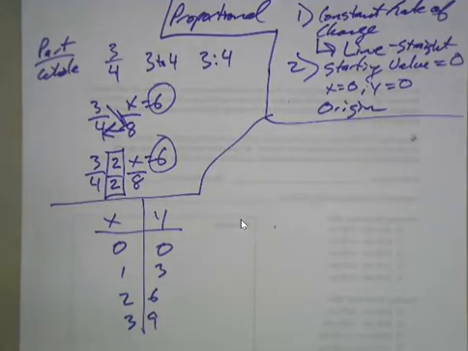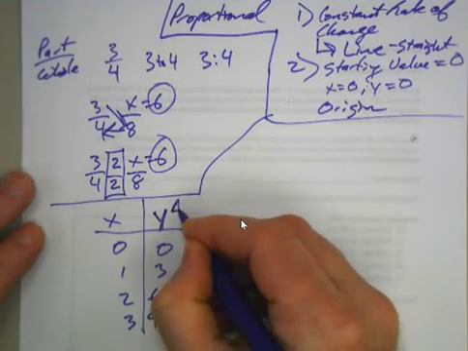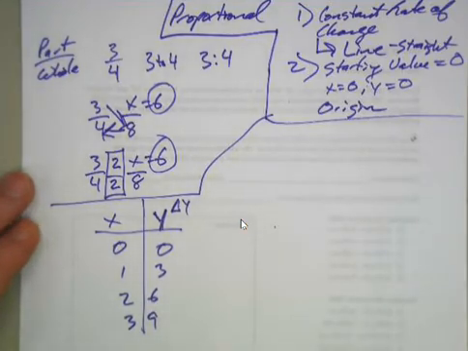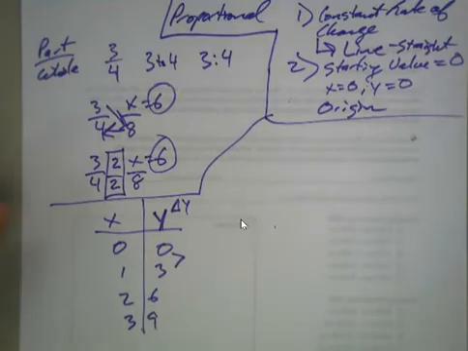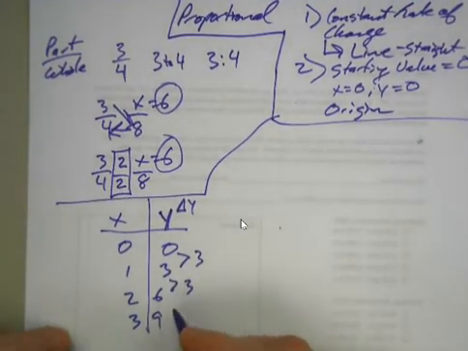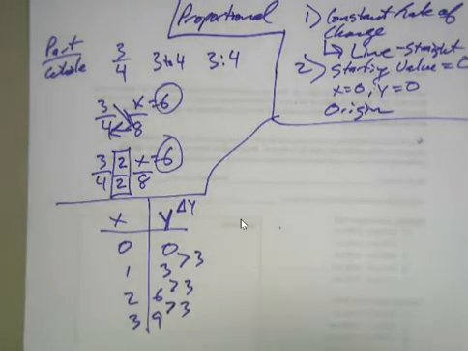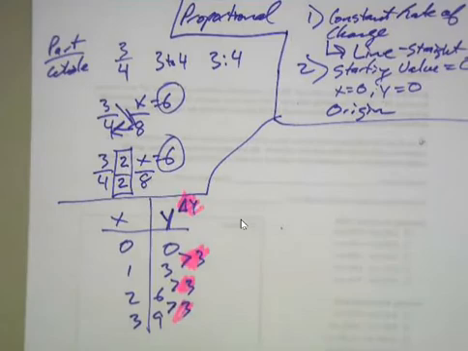But what we're really concerned about as we look at this is the conditions of proportionality. One, is there a constant rate of change? To find out if there is a constant rate of change, you must identify the delta y. The delta y in this case happens to be 3. In each case, 3, 3. So your delta y is 3, 3, 3.